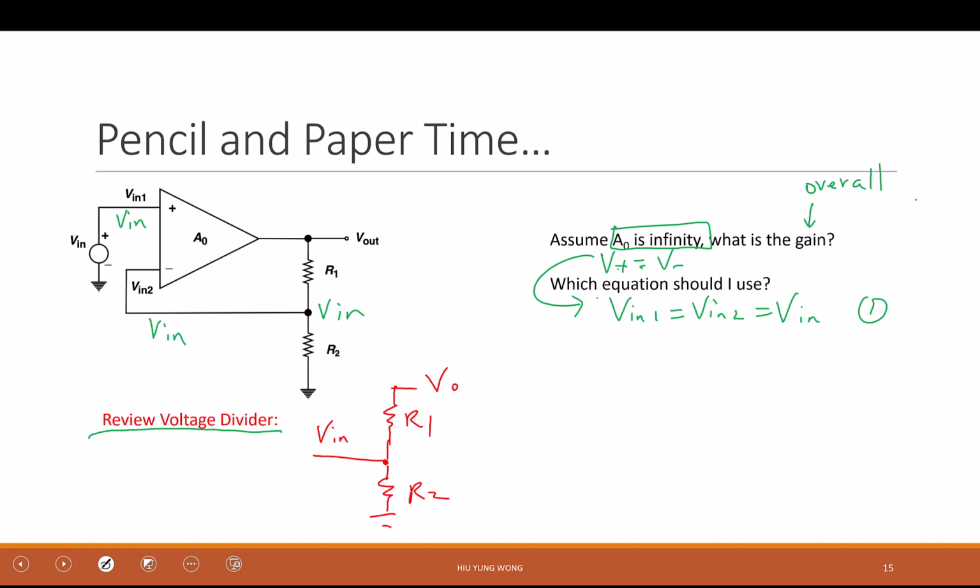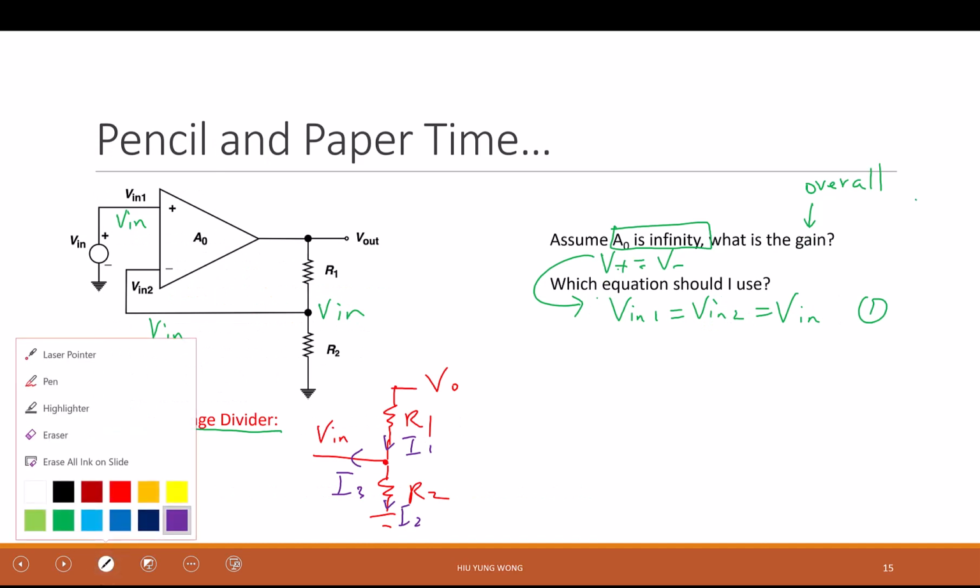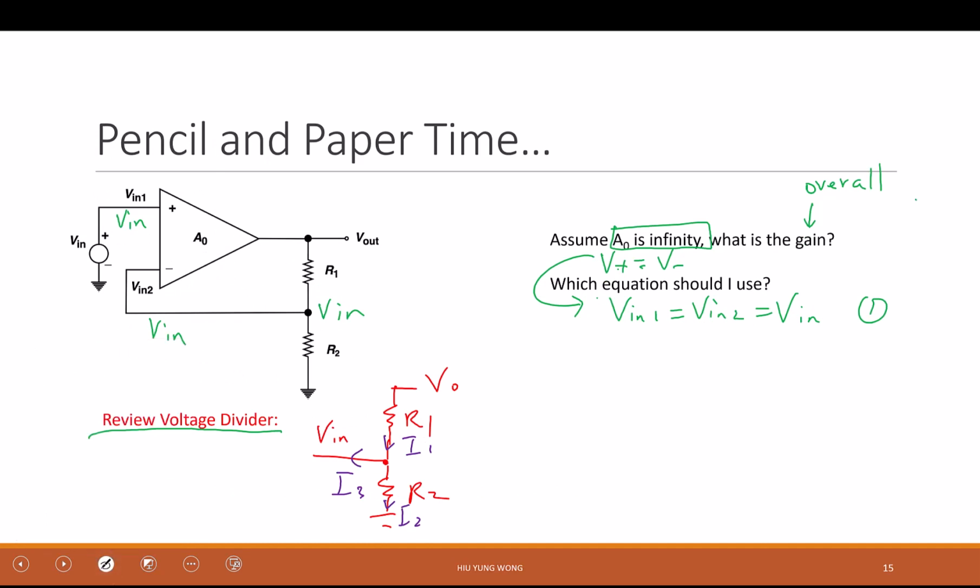Now, I'm going to use KCL. I1, I2, I3. What is the relationship between I1, I2, and I3? I1 equals I3 plus I2. Am I right?